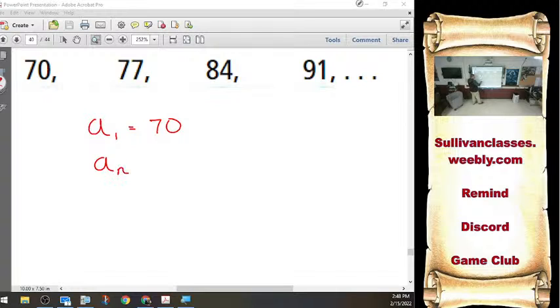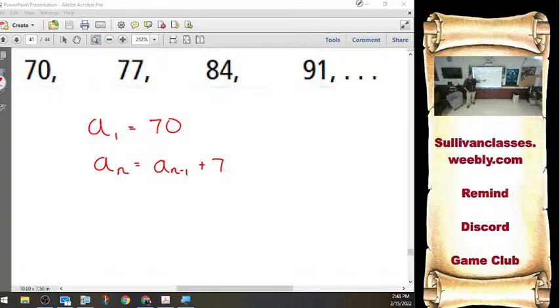A sub n, meaning the nth term of it. Any term that I want, I'm going to take the term that came right before it and add 7. Okay? A sub 1 means the first term. A sub n means the nth term.